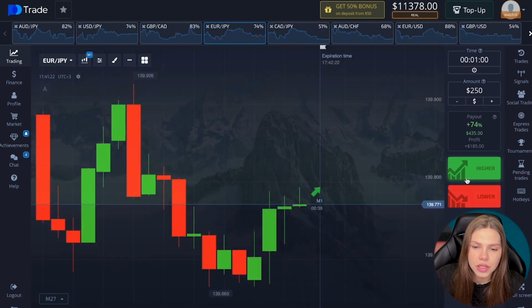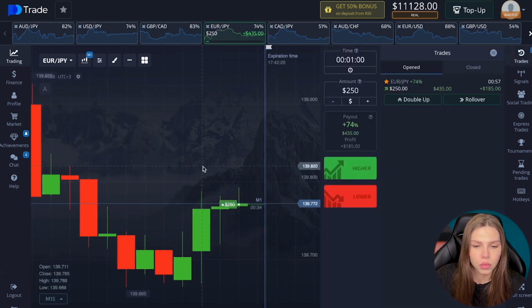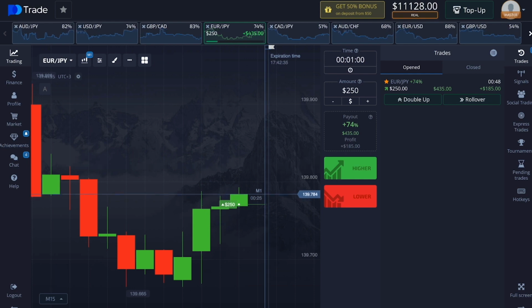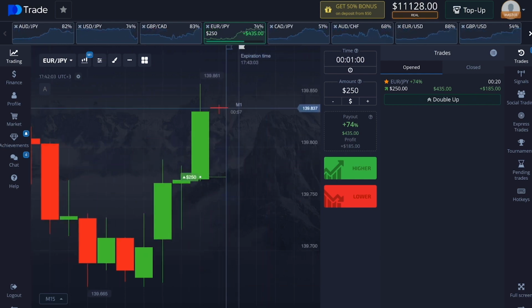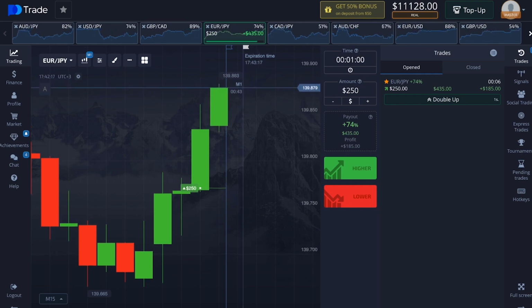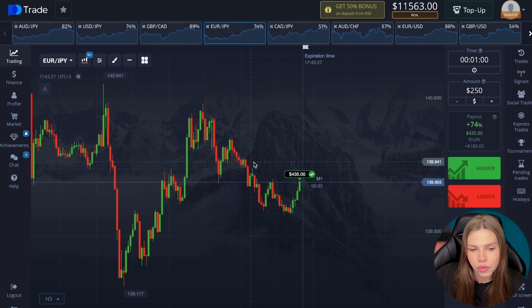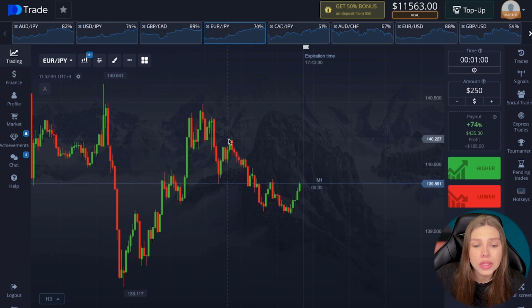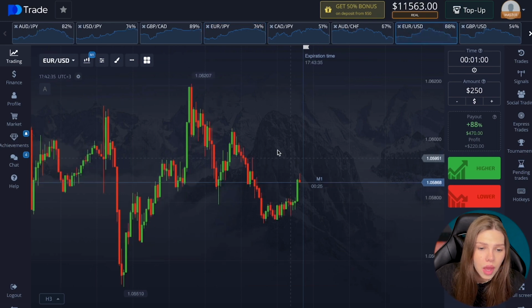You need to bet on an uptrend here. Okay, the deal is open, we're waiting. Well, it turned out to be a wonderful plus. Yeah, it was risky, but there are not particularly favorable conditions here.